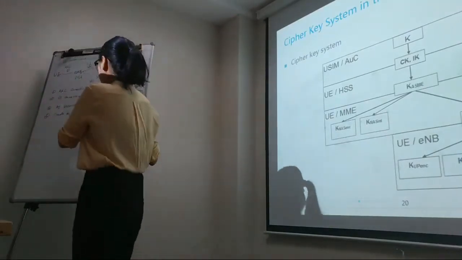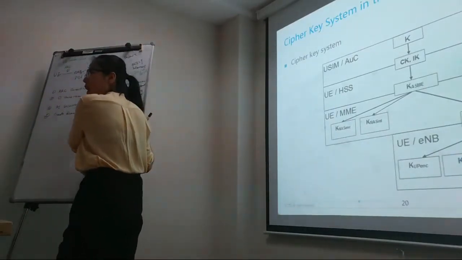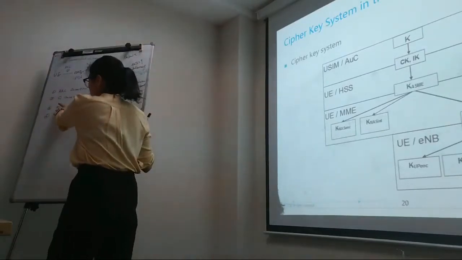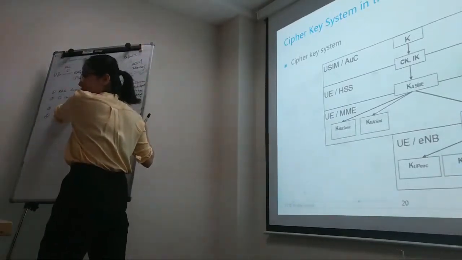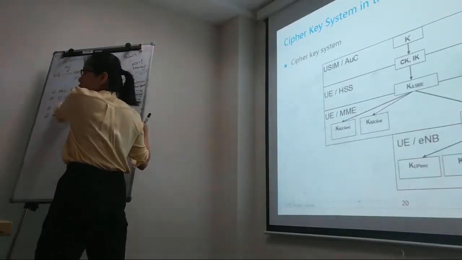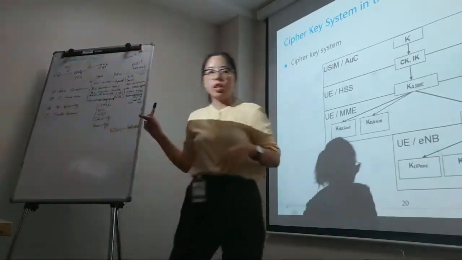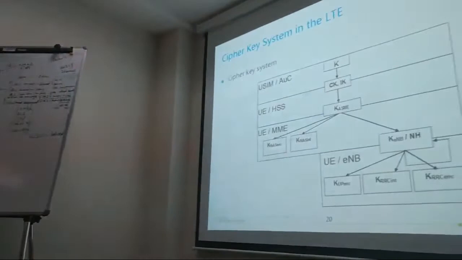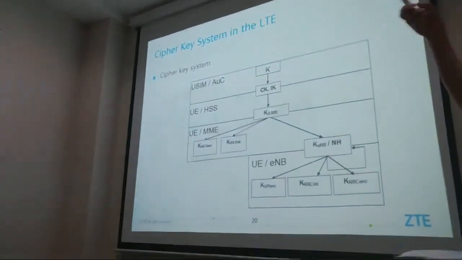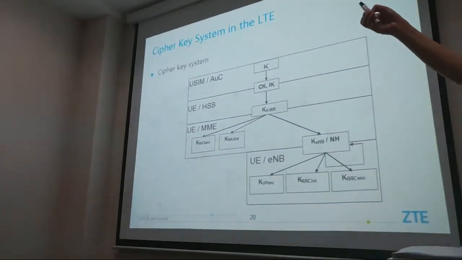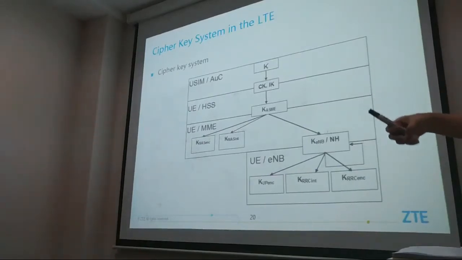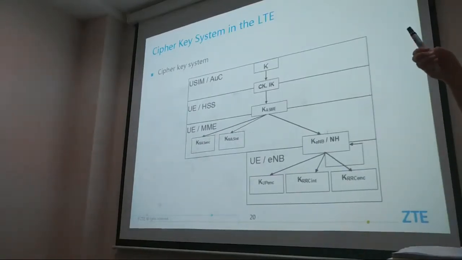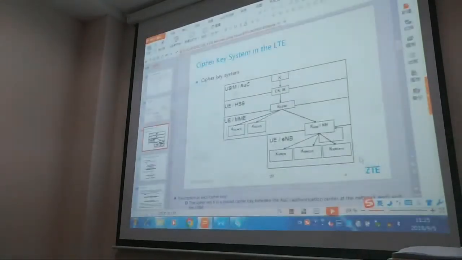We have already got the security parameters, right? Now we should activate the AS security. The eNode B only receives the UE security capability; it also needs to know the UE radio capability, so it will query the UE.